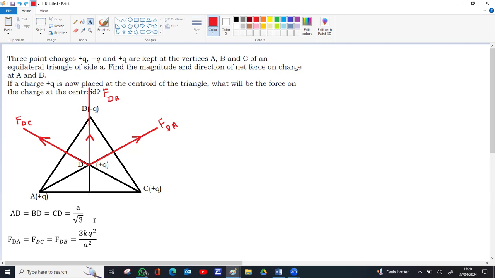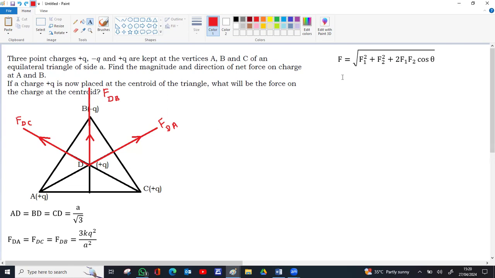Now you have to find the total. When you add vectors, you have to be careful. There are certain rules to make it easy. We learn that first. If F1, F2 are two forces with theta as the angle between the two, then the resultant force is given by root of F1 square plus F2 square plus 2 F1 F2 cos theta. This is to be applied only if the two vectors are not parallel or anti-parallel.